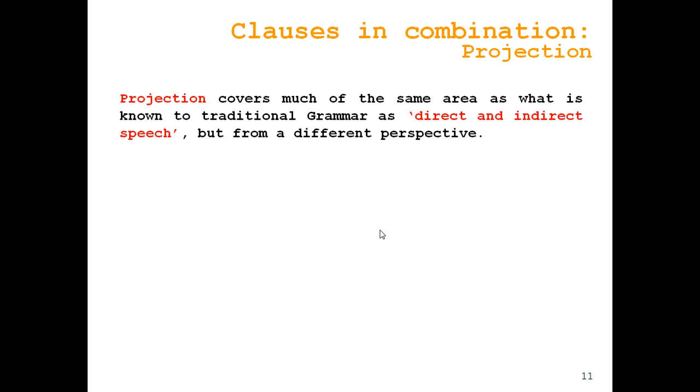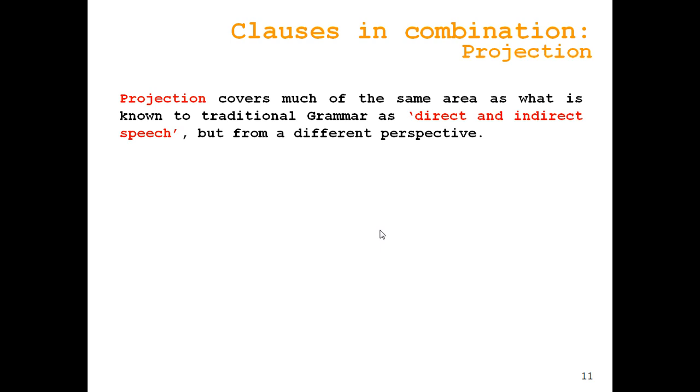Let's see the difference. Okay, projection is associated with processes of saying and processes of thinking. So you will see towards the end of the course, when we do experiential meanings, that these are processes that are known as verbal and mental. Okay, so those two categories have the property to project.